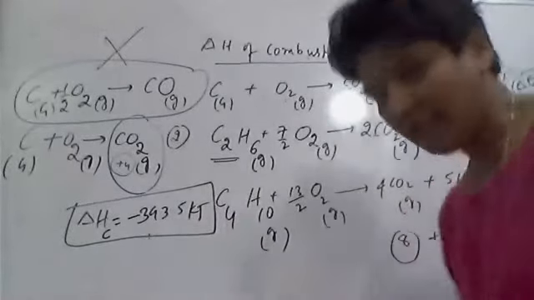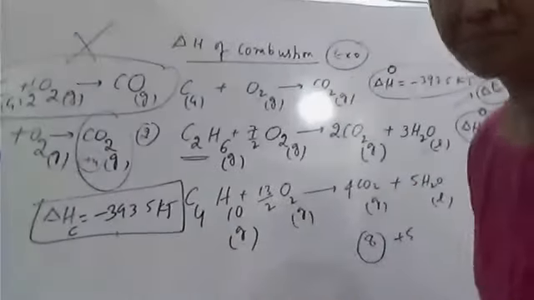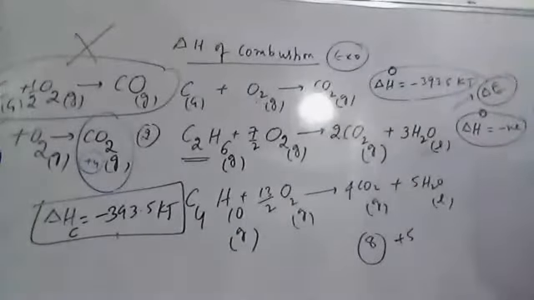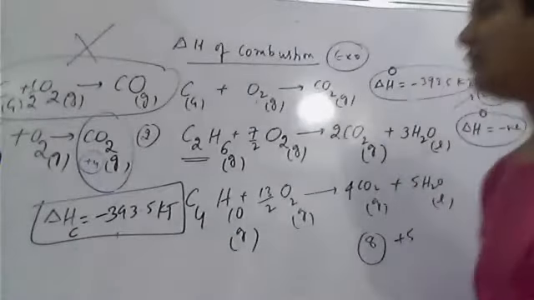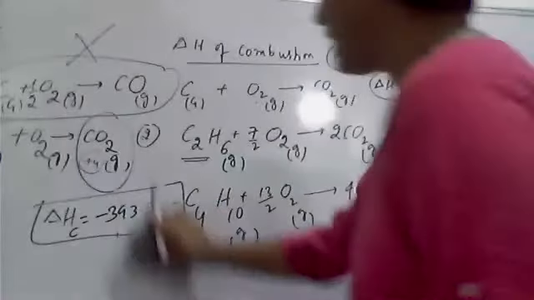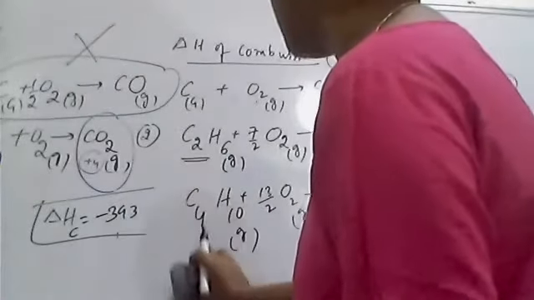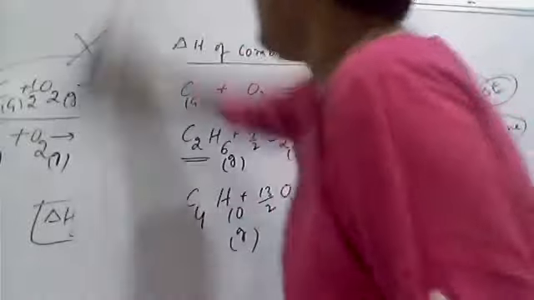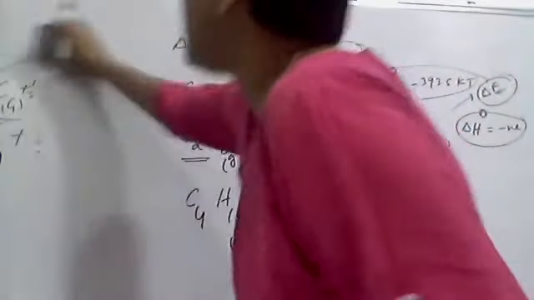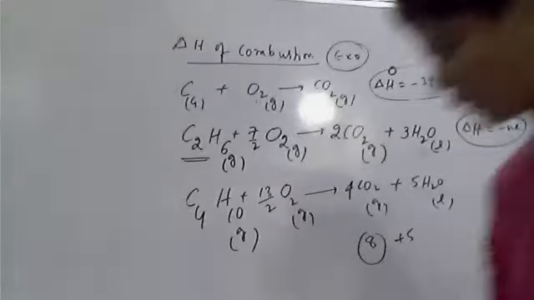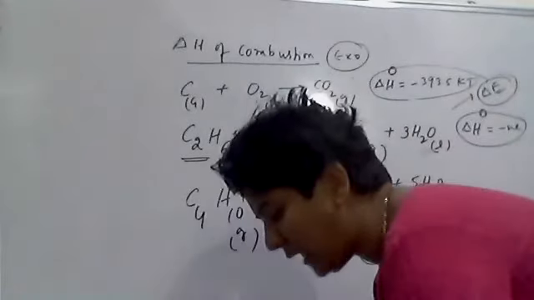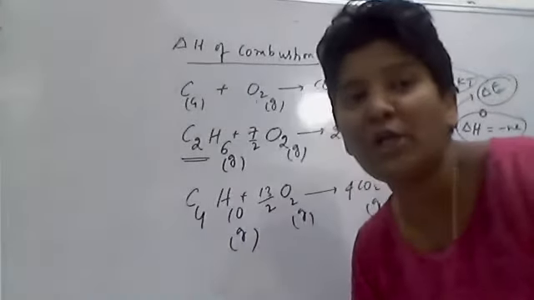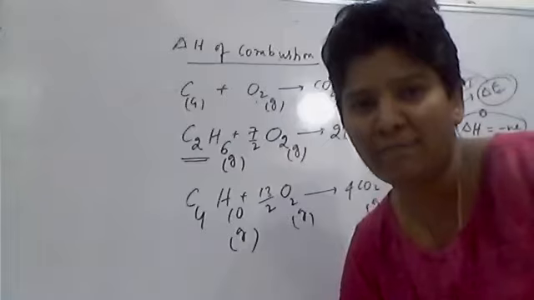And next, when you write the heat of combustion equations, the balanced equations for any hydrocarbons, remember, you are going to write the balanced equation for one molecule of hydrocarbon.